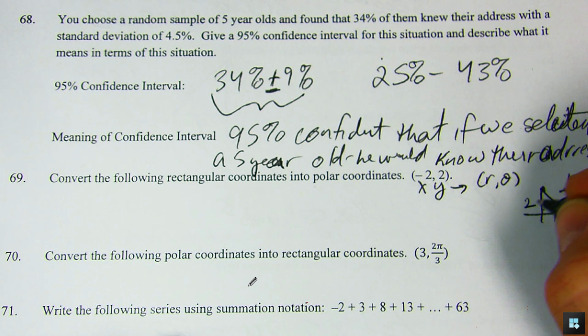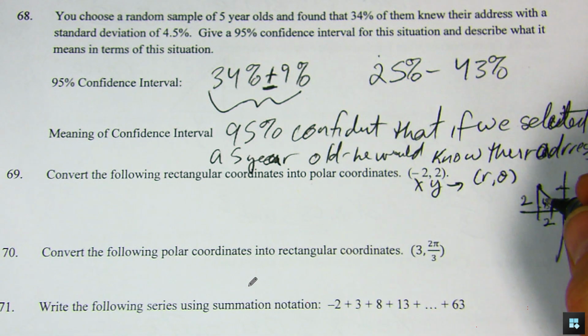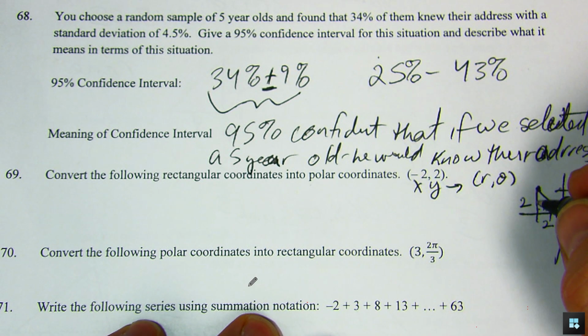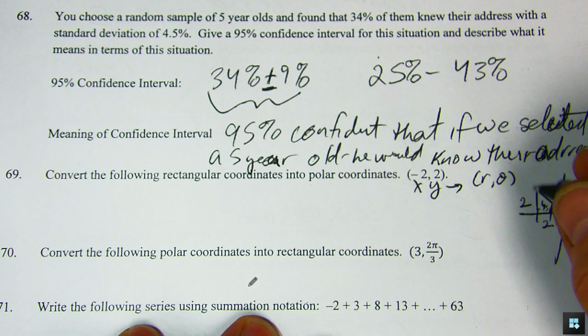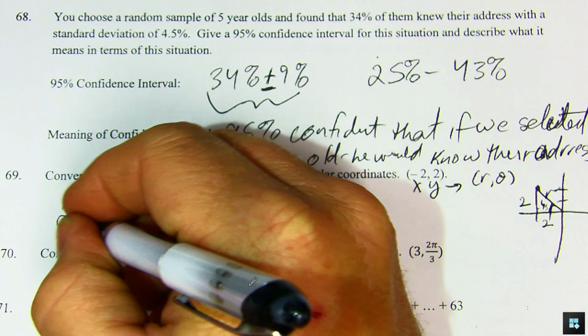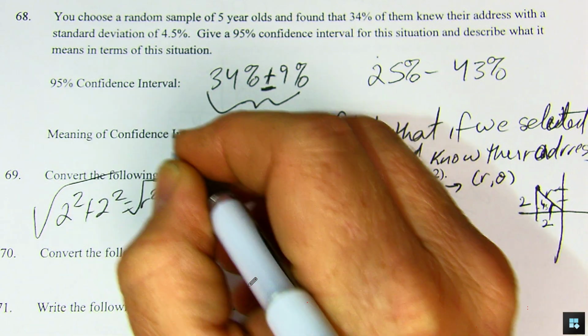Well, if this is 2 and this is 2, this is a 45-degree angle right here because it's an isosceles right triangle. So it's a 45, which means to find R, we would take 2 squared plus 2 squared equals R squared. Take the square root, Pythagorean theorem.